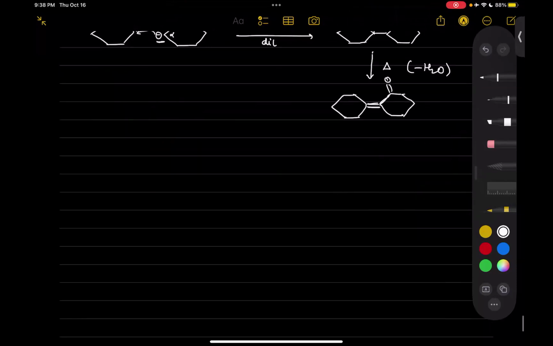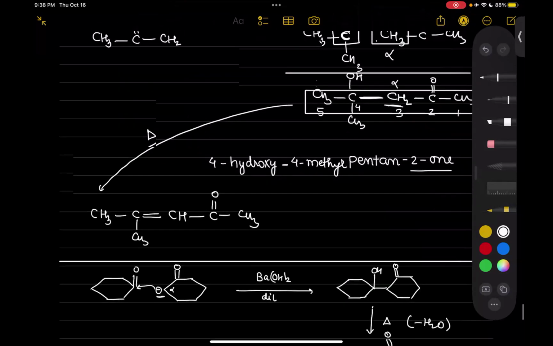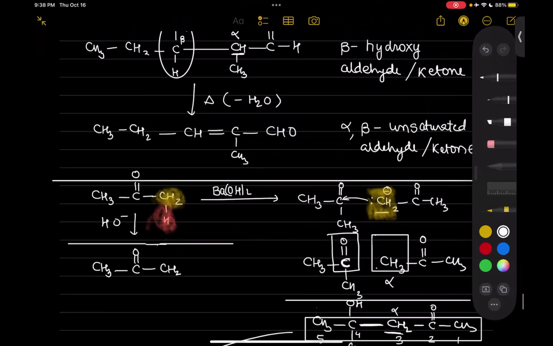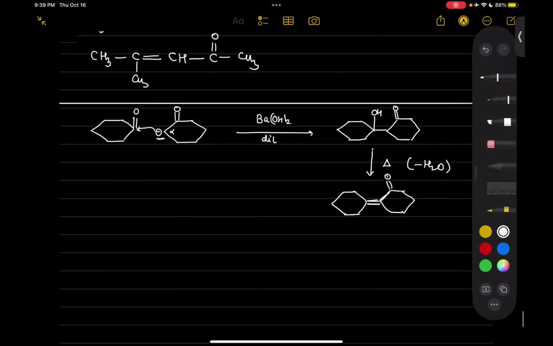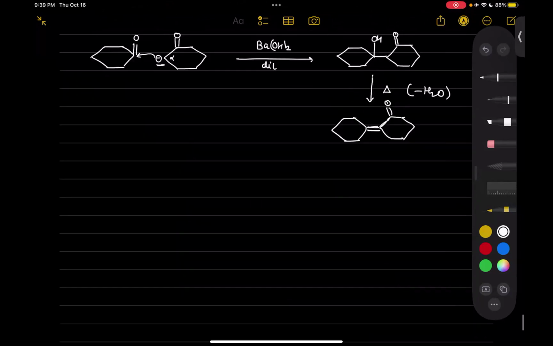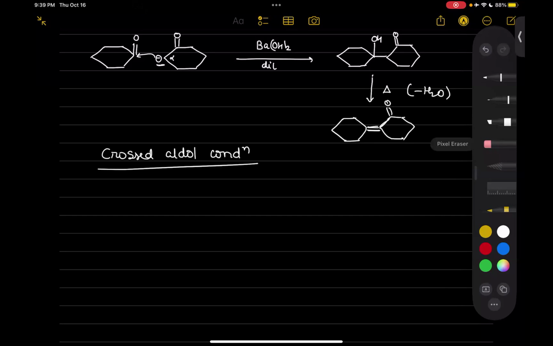So let's discuss crossed aldol condensation. What do you mean by crossed aldol condensation? Till now we were looking at self aldol. Clear?